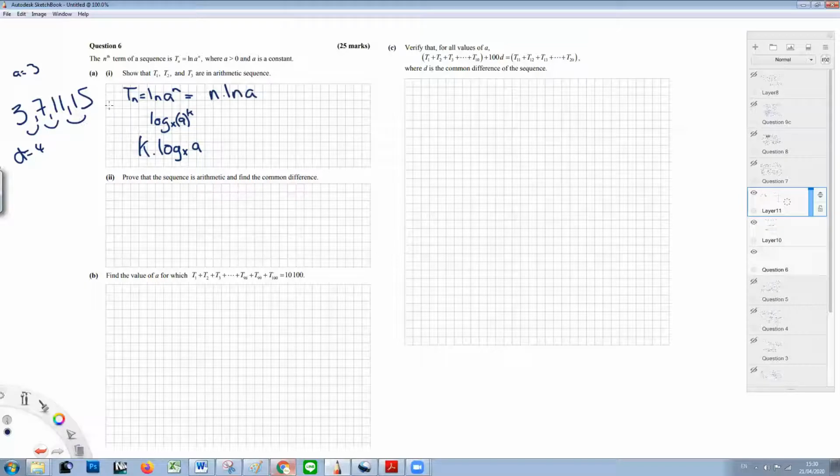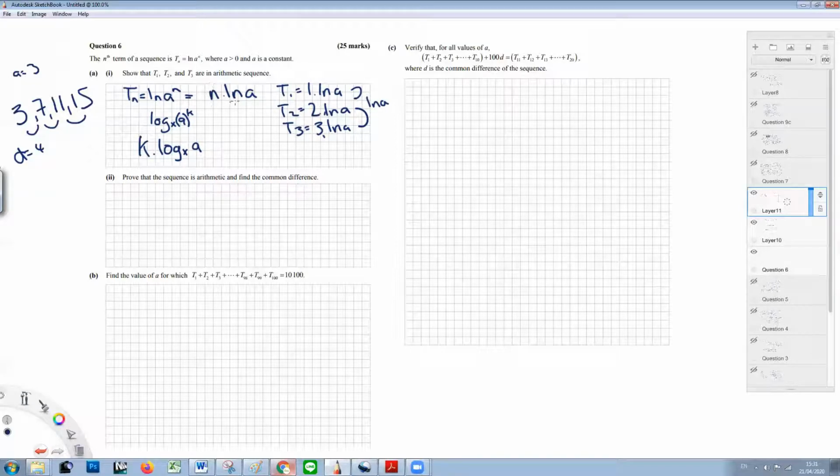So in that regard, T1 is going to be 1 ln of A. T2 is going to be 2 ln of A, and T3 is going to be 3 ln of A. And we clearly have a difference of ln of A between each one.